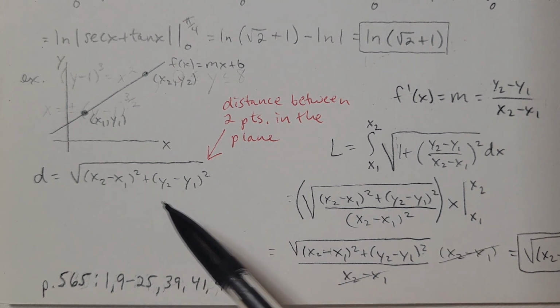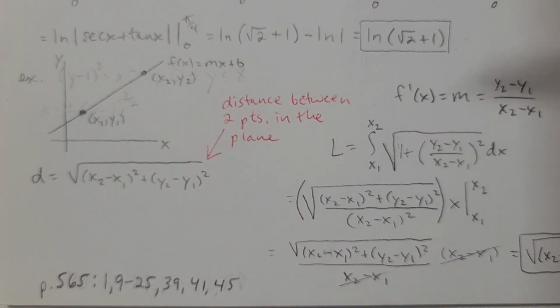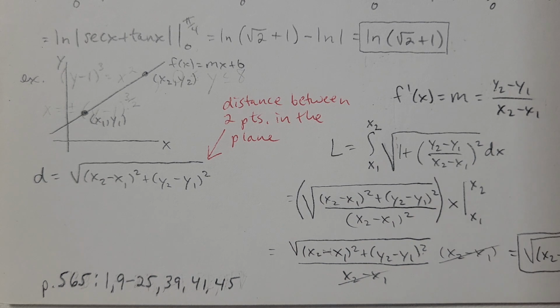Here's the distance formula. We're basically showing that the length of the curve when you have a line is going to result in the distance formula, the distance between 2 points.